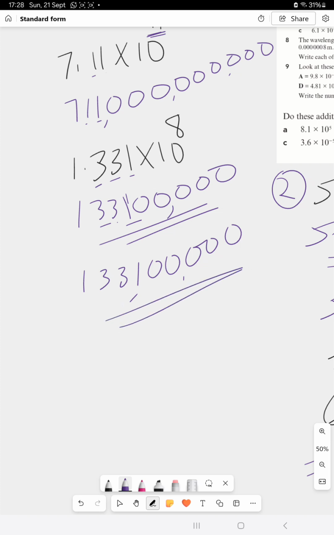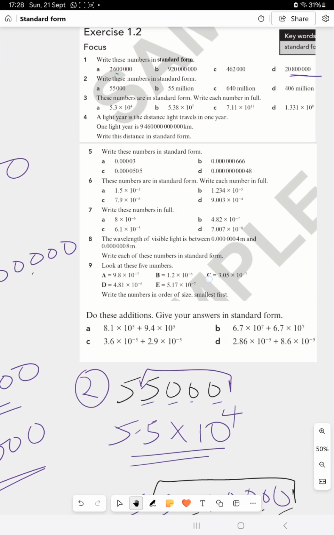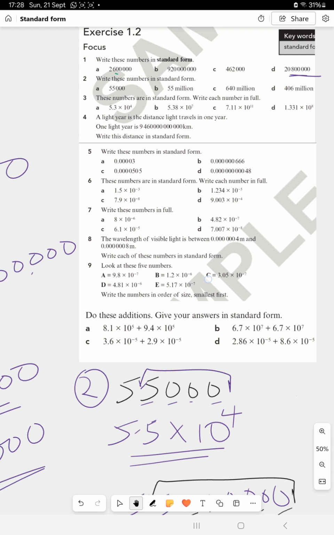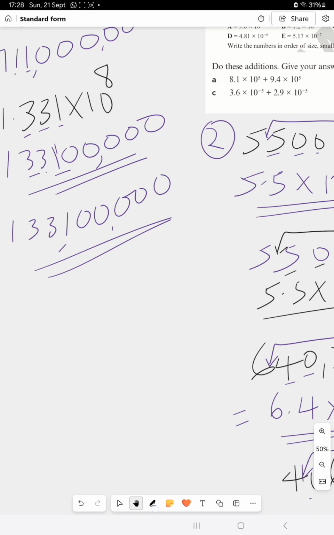Let's go to the other question. Now you are told a light year is the distance light travels in 1 year. 1 light year is 9,460 million. It's a very big number.